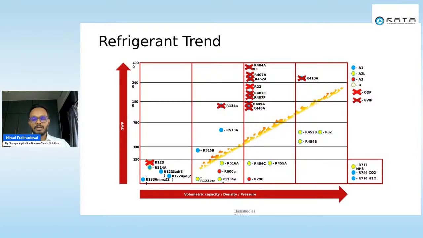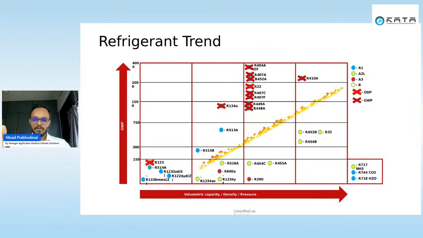I would say in India we have already banned R22. We are in the process of banning 407C or 134A, and moving towards low GWP gases like R1234ZE or 454B, 452B, 454C, or natural refrigerants like CO2.